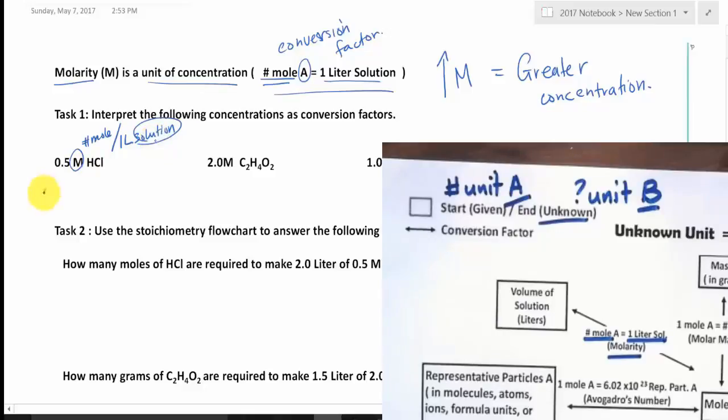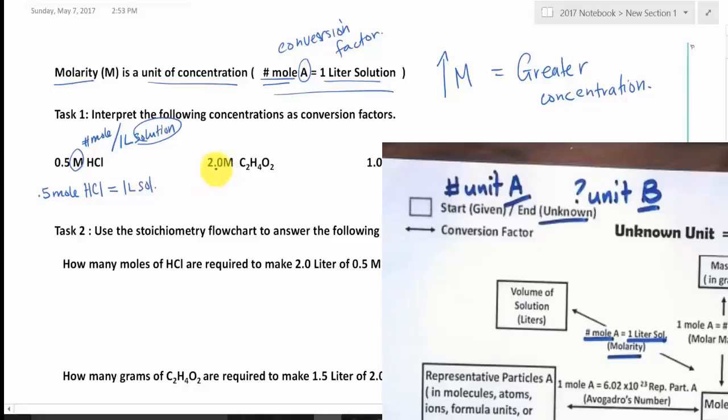In this case, we have 0.5 molarity of HCl, so we have 0.5 mole. We just interpret it in this form. Mole of what chemical? HCl, equal to what? Always equal to 1 liter of solution, abbreviated SOL. Isn't that easy?